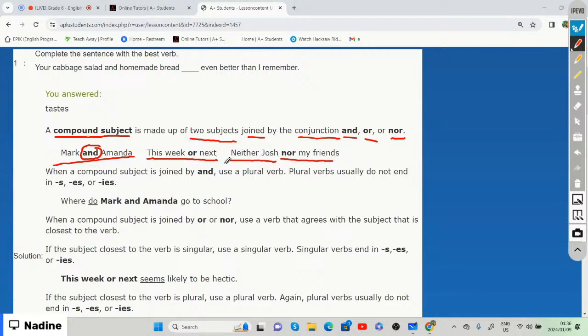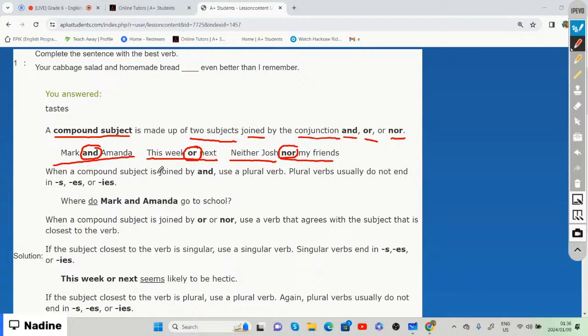As you can see, these are compound subjects made up of two subjects: there's Mark, there's Amanda, there's this week, there's next, there's Josh, there's my friends. And if you look at the word in bold that joins these two subjects, you either join them with the word and, or, nor.